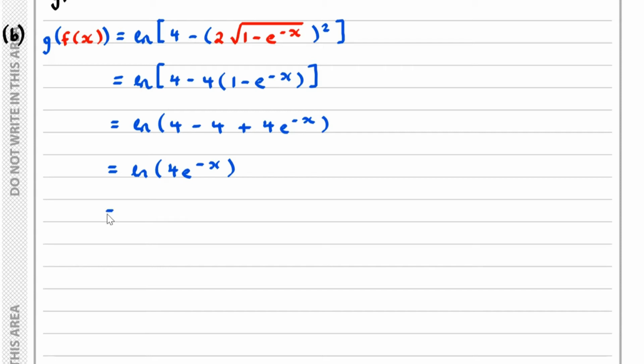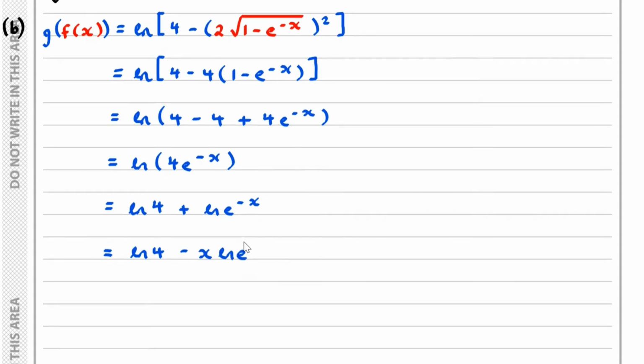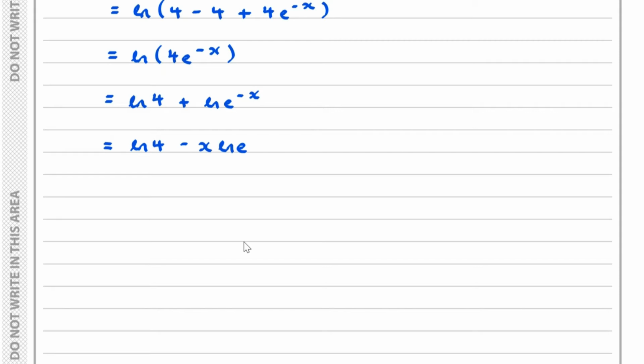And if we use the addition law of logs, we've got the natural log of 4 plus the natural log of e to the negative x. So we've got the natural log of 4 subtract x times the natural log of e, and the natural log of e is just 1. So we end up with the natural log of 4 subtract x.